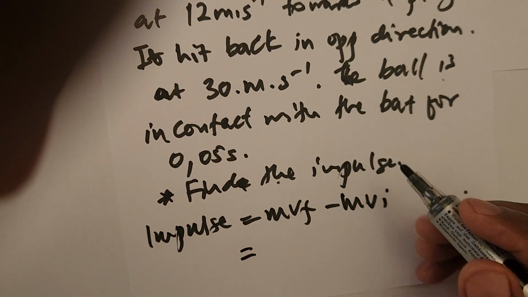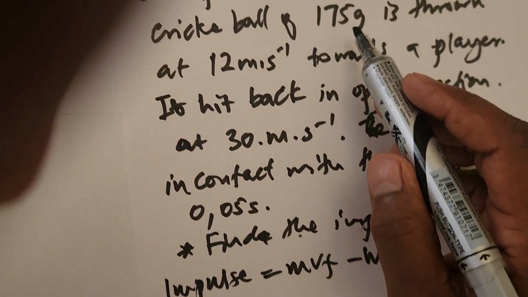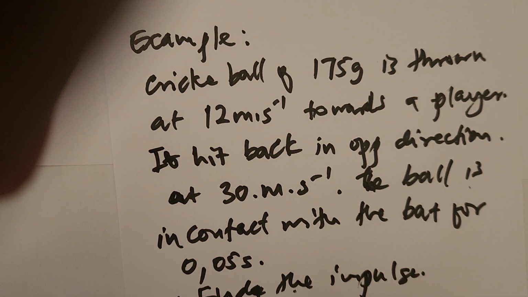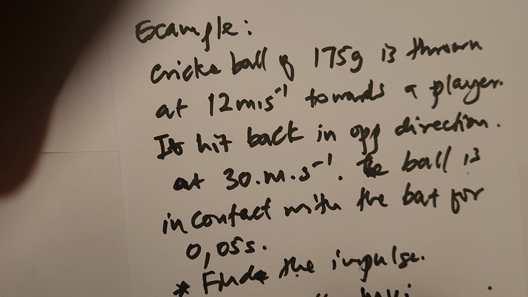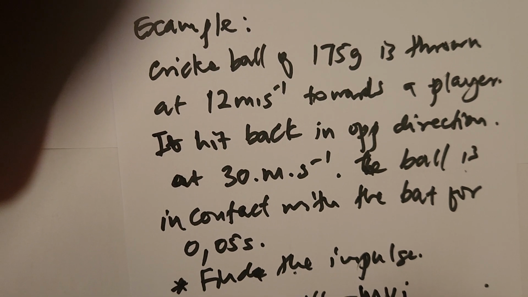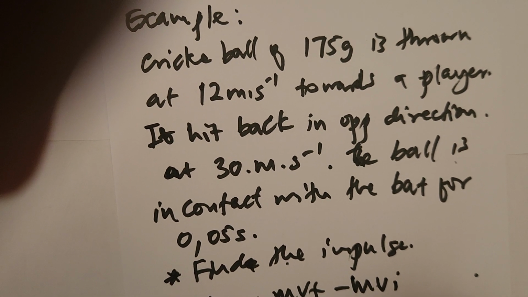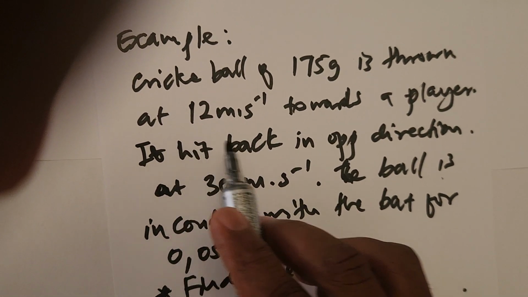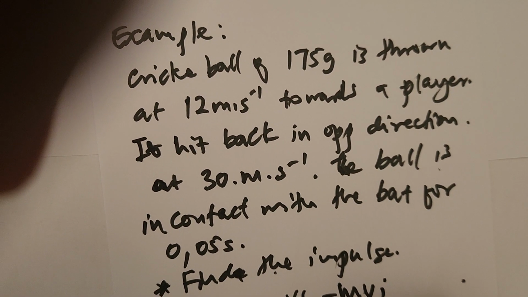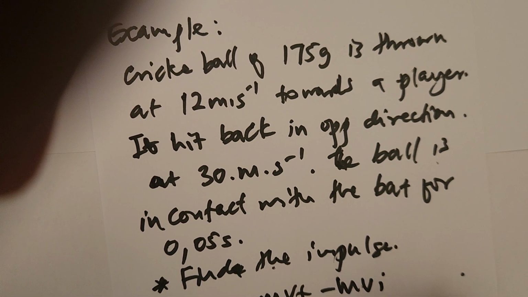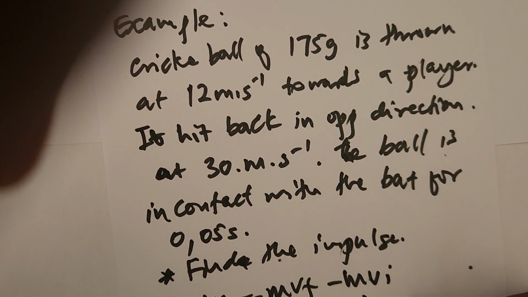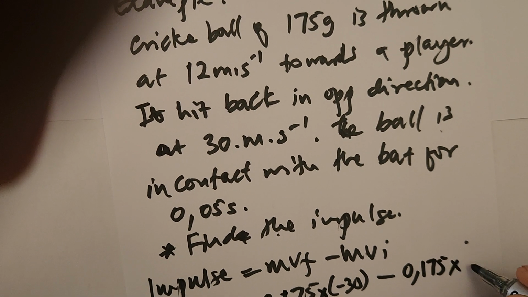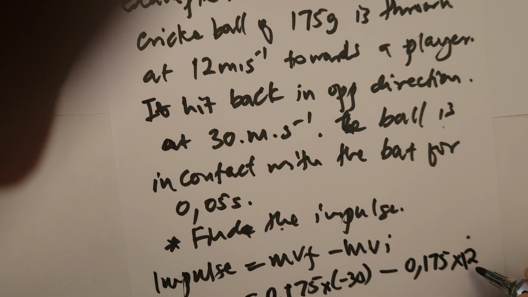Therefore, in this case, we substitute. The mass is not in kilograms, so we have to convert it to kilograms: it becomes 0.175. If we take towards the bat as positive, away from the bat will be negative, so the final velocity is multiplied by negative 30, and then 0.175 multiplied by positive 12.